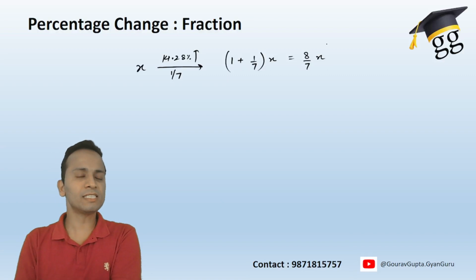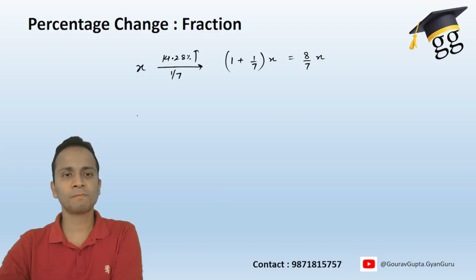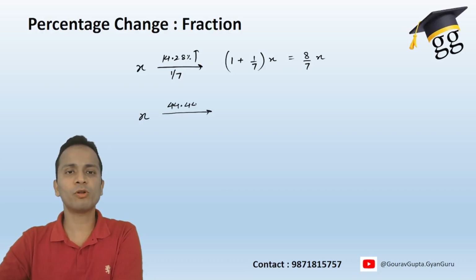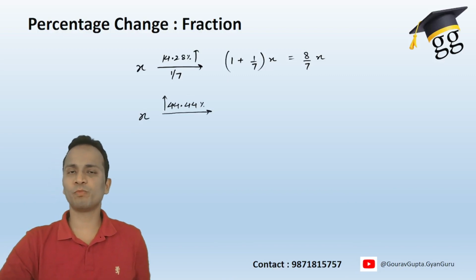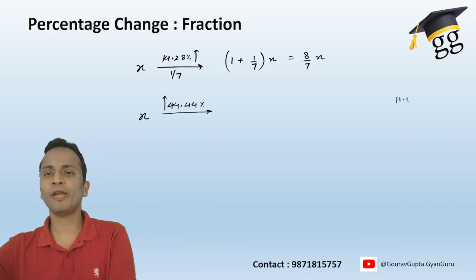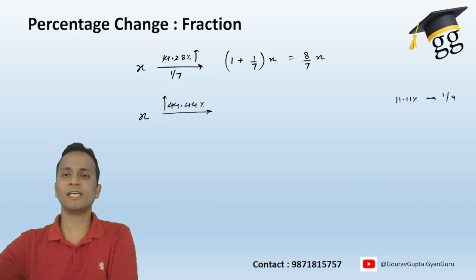Right? Now taking some more examples for this, x to be increased by, let's say, 44.44 percentage increase करना है. Now 44.44 percentage. Again, if I'll go back to the previous lecture, 11.11 percentage can be written as 1 by 9. Look at the right hand side of your screen.